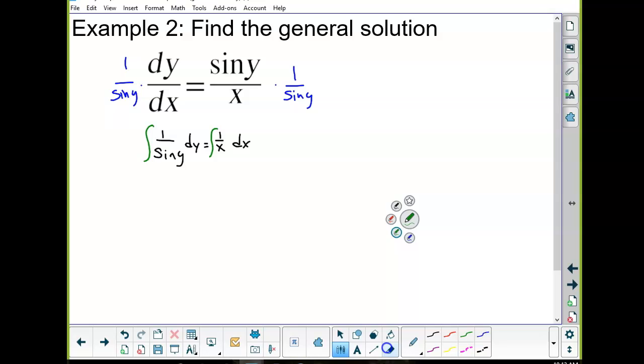Trying to think if I wanted that squared there. That's what it was. Shoot, I mistyped this one.